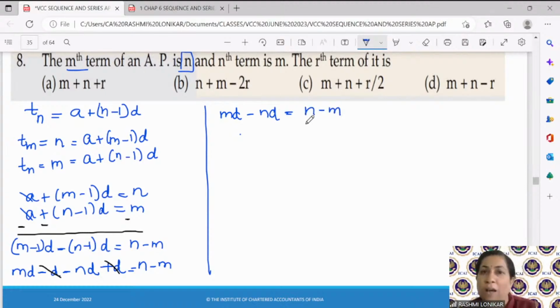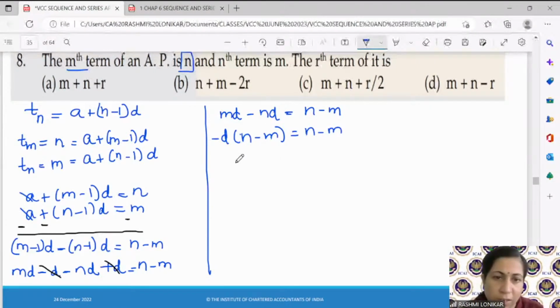So on the RHS you can see n is written first. So I want to write n first. So I take minus d common. So minus d into n minus m is equal to n minus m. If you don't follow this, here itself you can take d common. So d into m minus n is equal to n minus m.